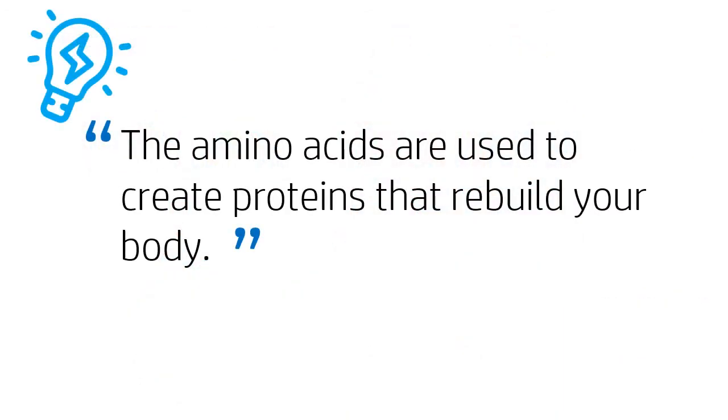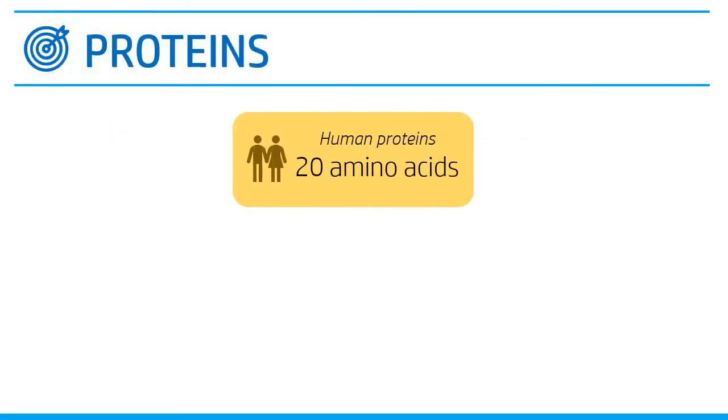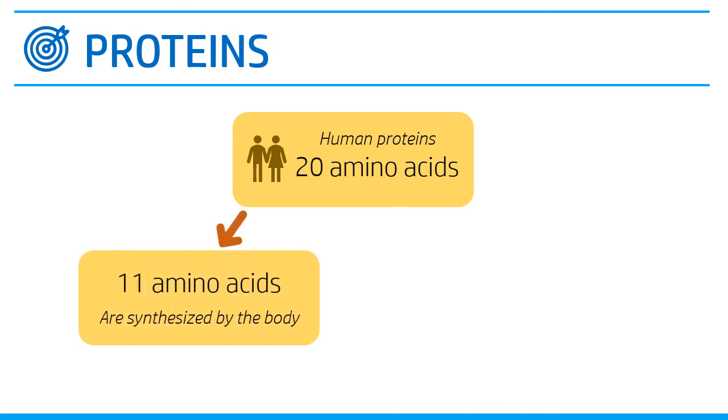Remember that amino acids are used to create proteins that rebuild your body. It is used to create new muscle tissues, new skin, and longer, stronger bones. Proteins in our bodies are made up of only 20 different kinds of amino acids. 11 of these amino acids are synthesized or created by our bodies from available resources present in your diet.